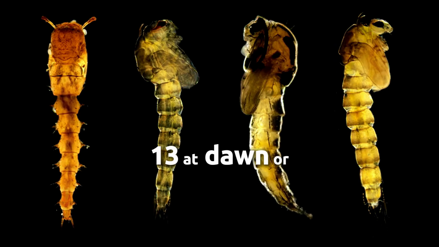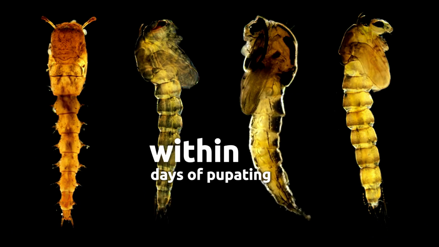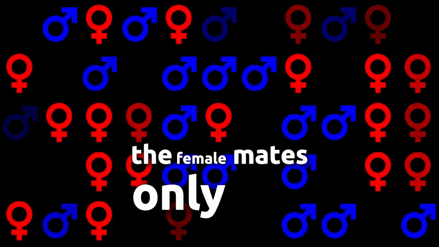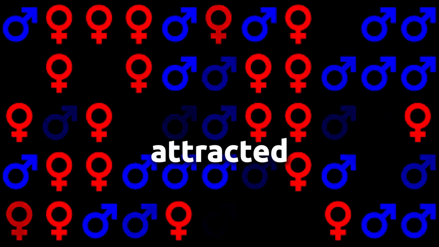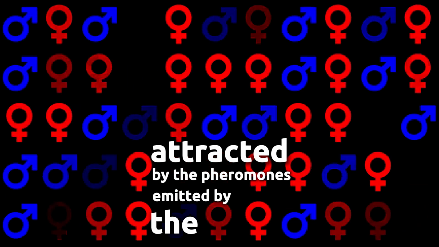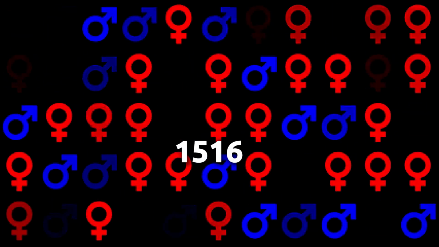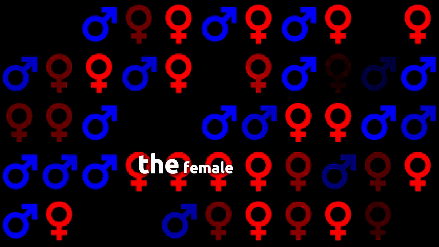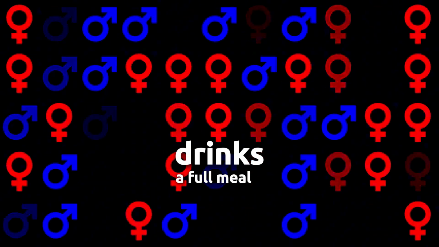At dawn or dusk, within days of pupating, males assemble in swarms, mating. The female mates only once in her lifetime, attracted by the pheromones emitted by the male. As a species that needs blood for the eggs to develop, the female finds a host and drinks a full meal of blood.